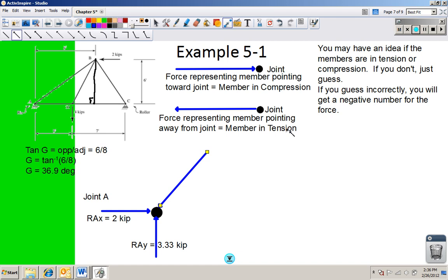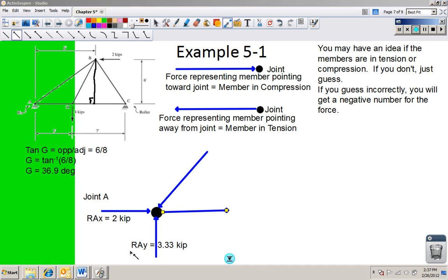Alright, so let's go ahead and draw it like this. Oops, I drew it backwards. Okay, so that's the force right there.